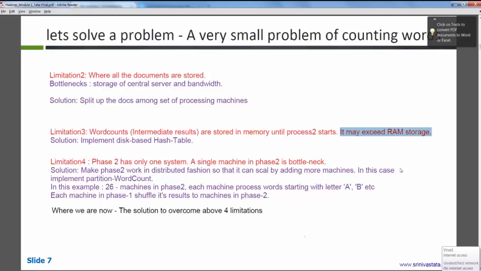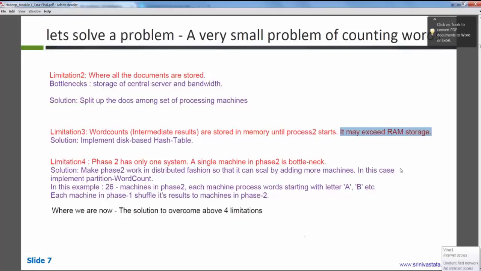There will be so many words, 100 words let us say, a million words let us say. All the million word counts have to be stored in the RAM until it transfers that to process 2, where process 2 aggregates these things. Are you building the picture in the mind?